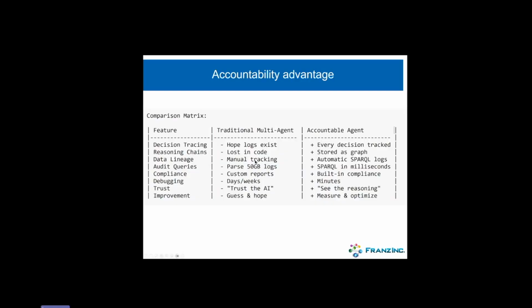You have to code why something is tracked in the database. For us, it's just automatic. If you want to audit, you don't have to go through a log. You can do SPARQL in milliseconds, and the compliance is built in. Debugging is minutes instead of days or a week to find why something went wrong. And we can see the reasoning. Anyway, I hope I kind of convinced you here.